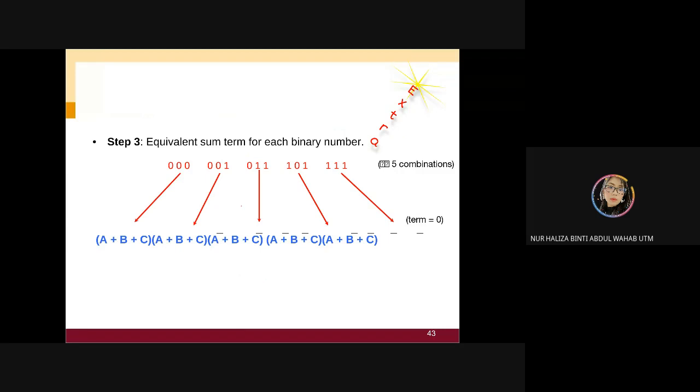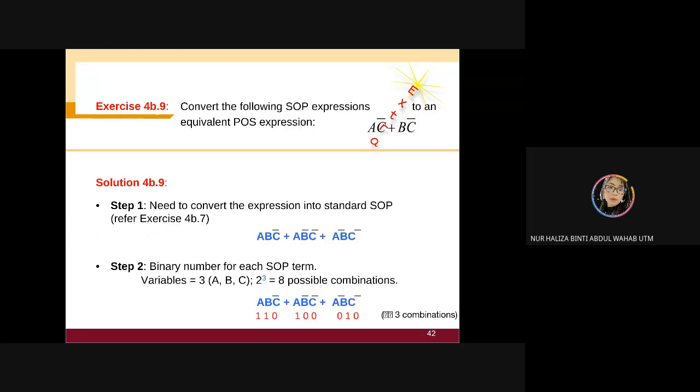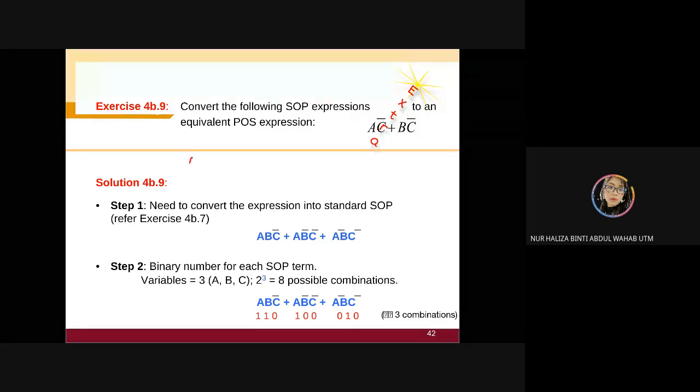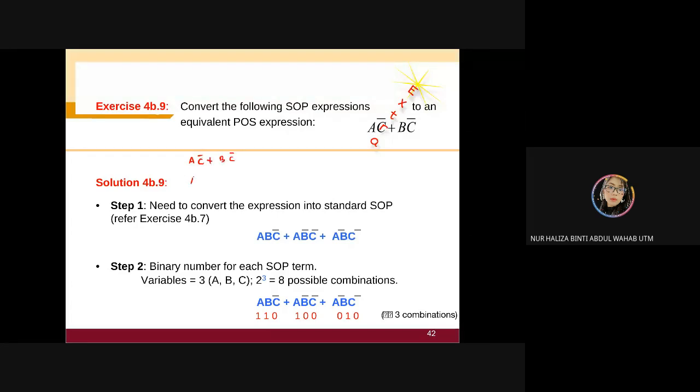So this one is the reminder. Is it three? Oh, just now I get four. Maybe another one is similar. Wait, I check back. C bar plus A B bar C bar plus this one I will get A B C bar plus A bar B C bar.